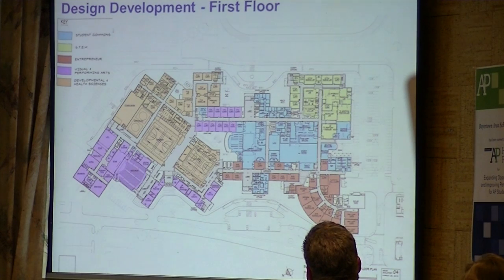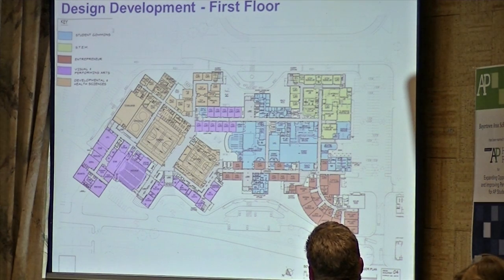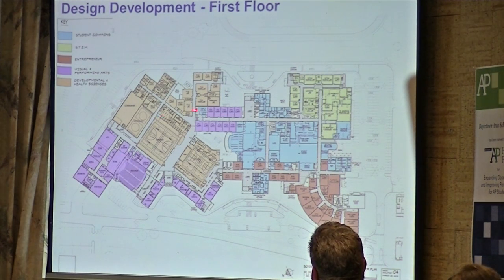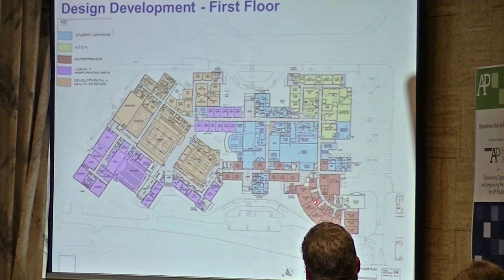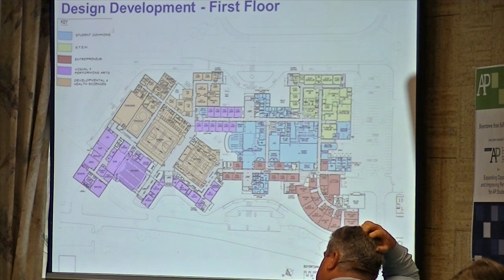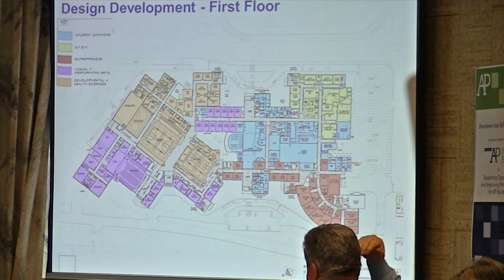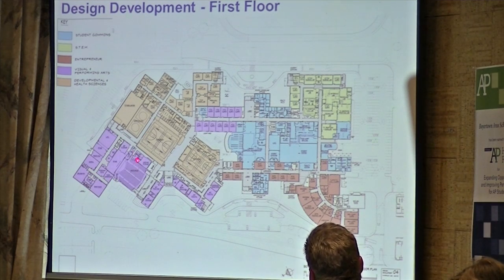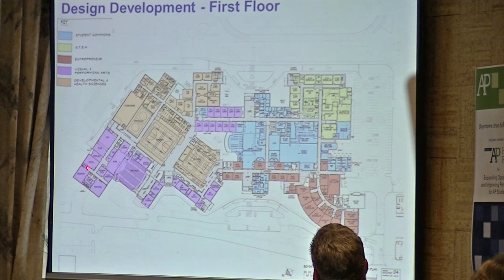And so then this is the design of the project that I was talking about, where you can see each color represents the different academies. And right now, your music department is over here, your auditorium is over here. One of the desires of that academic program was to have their support areas behind the auditorium so that they could prep for musicals and other activities, and all their equipment is in the same area.